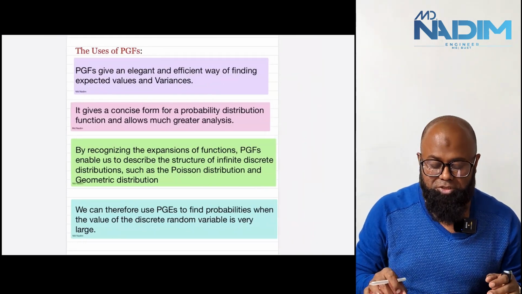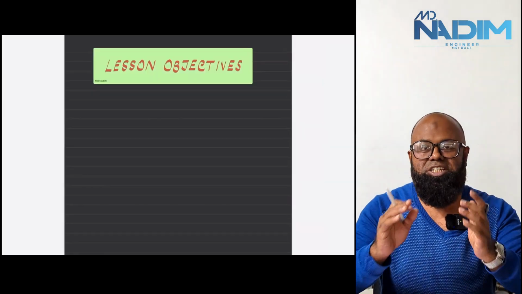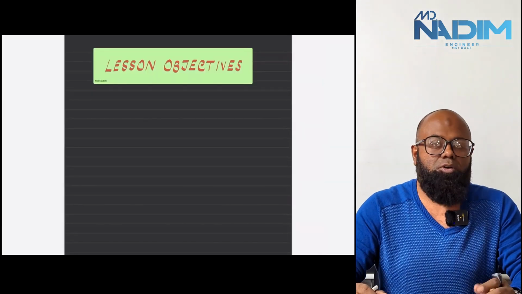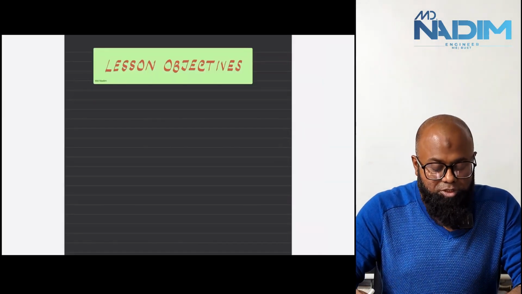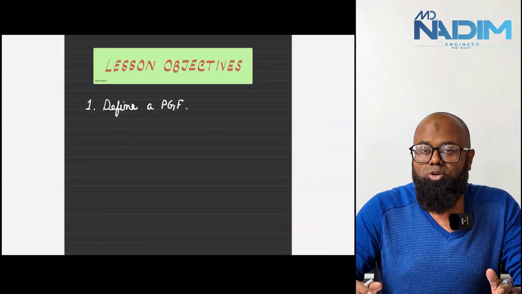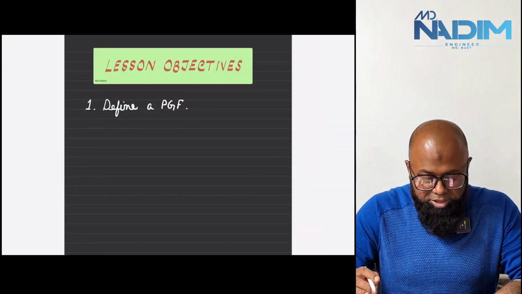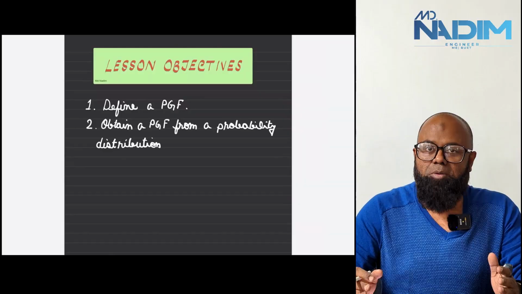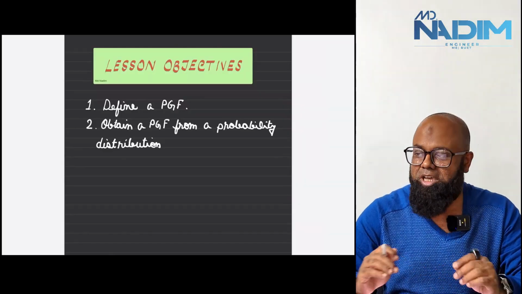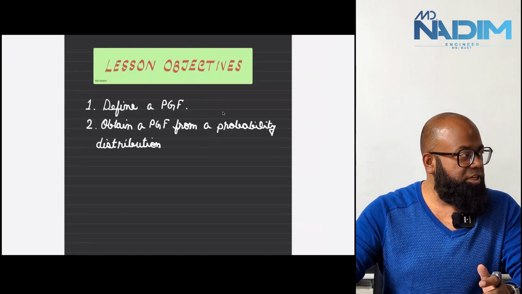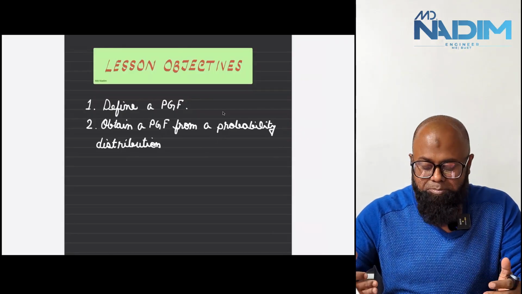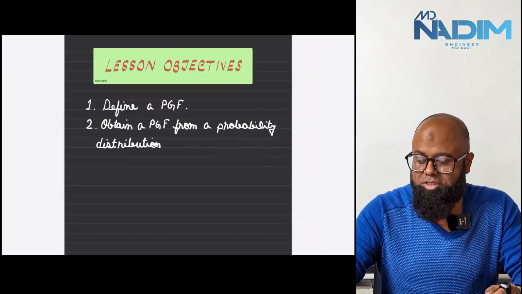Probability generating function. Now lesson objectives. What is our objective here? First of all, we need to know how to define a PGF. Then the second point is to obtain a PGF from a probability distribution.